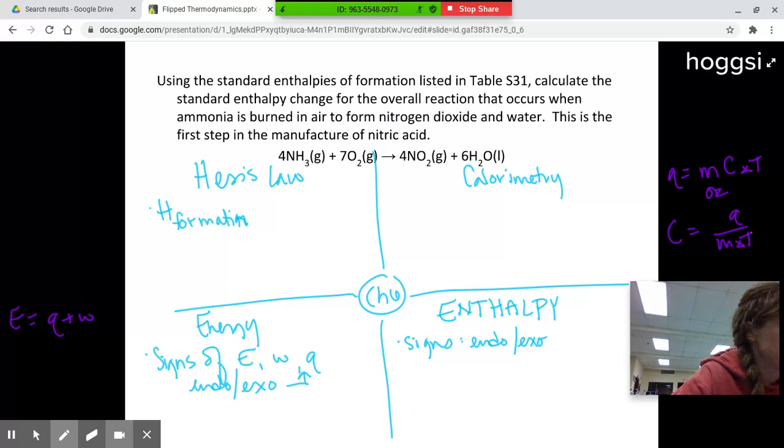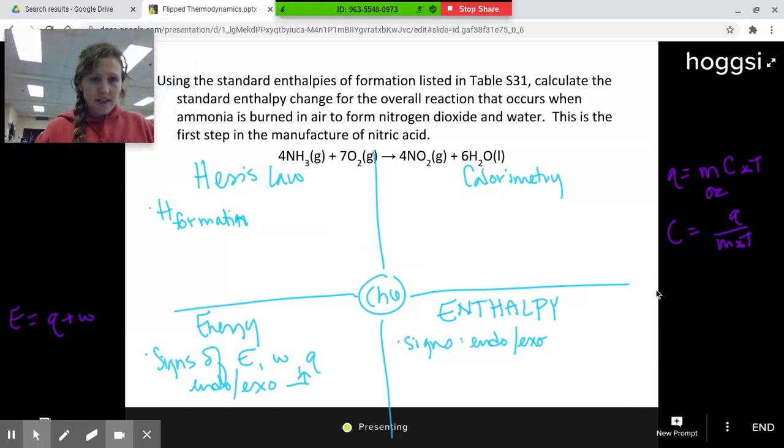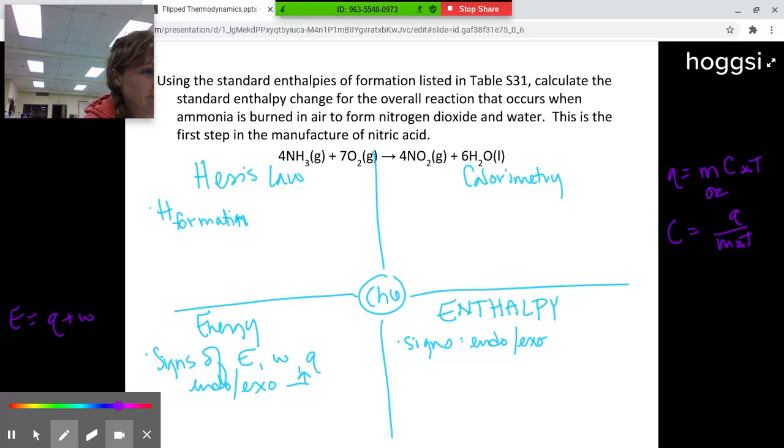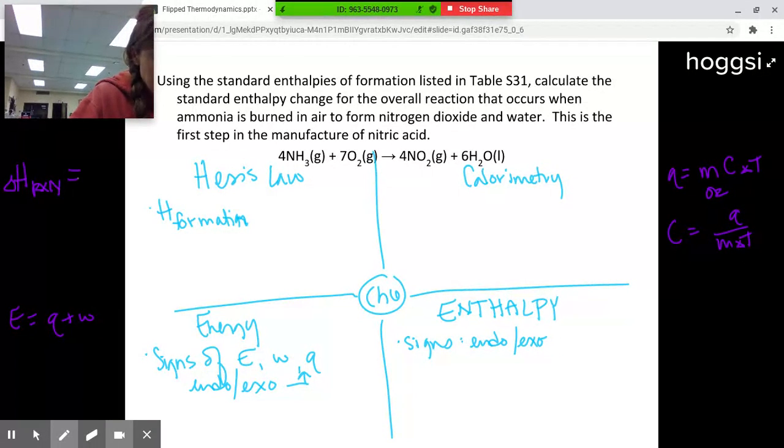What other equations? Hess's law has an equation. What's the Hess's law equation? Yep.